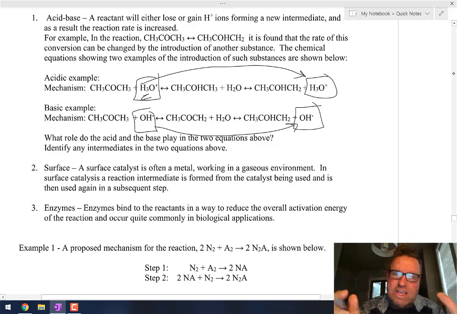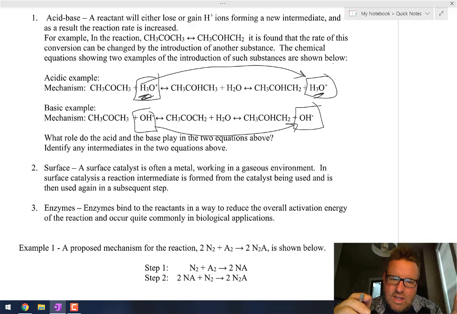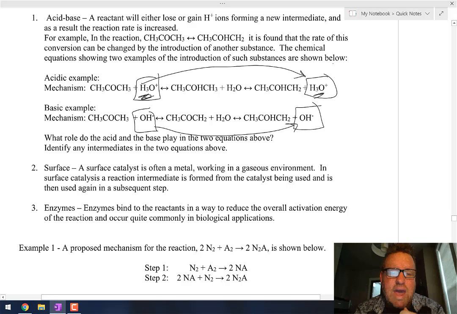And the nice thing is, you start with it, you end with it. That piece of metal never, ever goes away. It's not like it wears down over time because it's a catalyst. So it gets used, but then it comes back again at the end of the reaction. Usually it's a piece of palladium, I believe, in your car muffler. That is a surface catalyst.